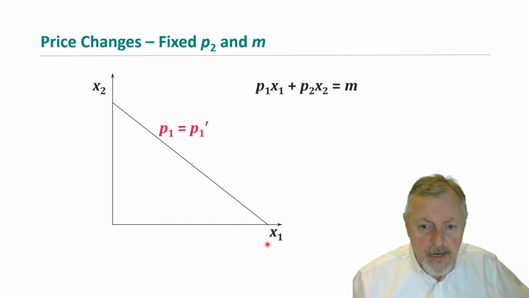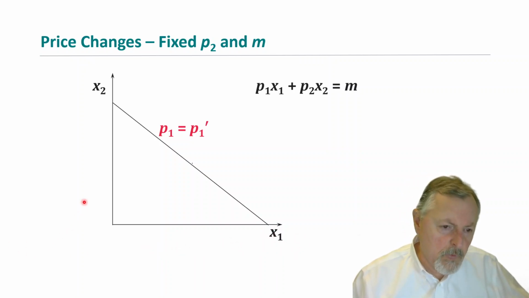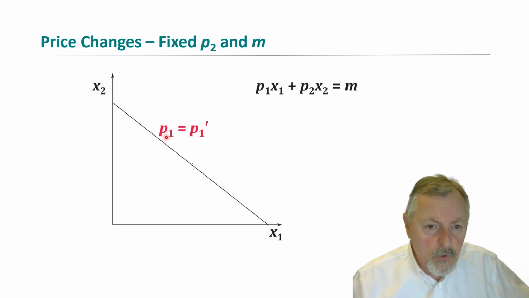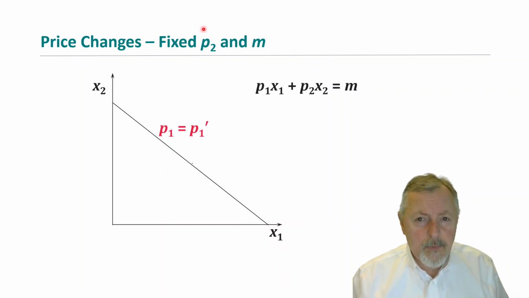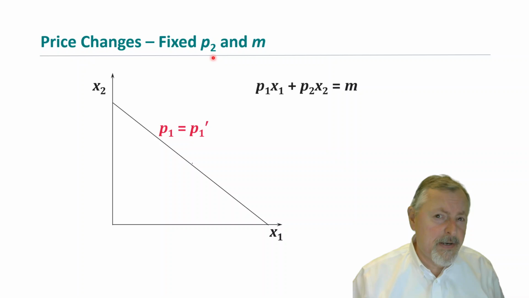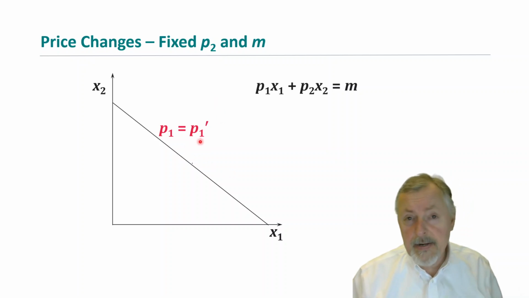On the horizontal axis is the quantity of commodity 1, X1, and this is the quantity of commodity 2, X2, and we're looking at the price of commodity 1. We're assuming that your income, here M, and the price of commodity 2 are both fixed. So we're only going to vary the price of commodity 1.